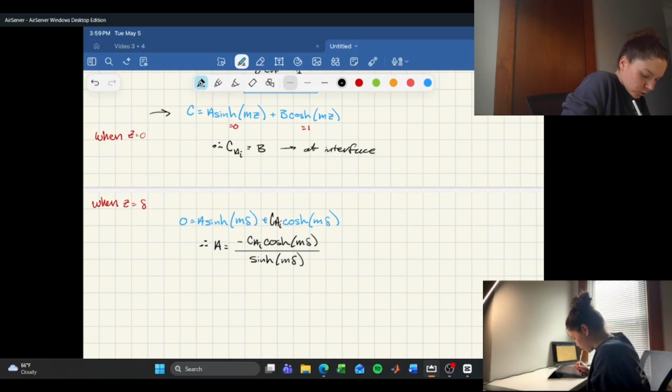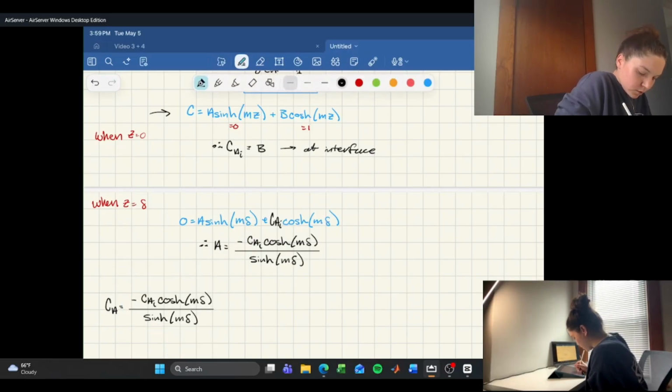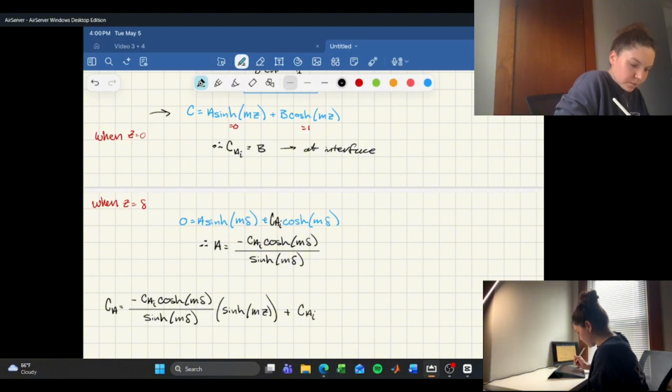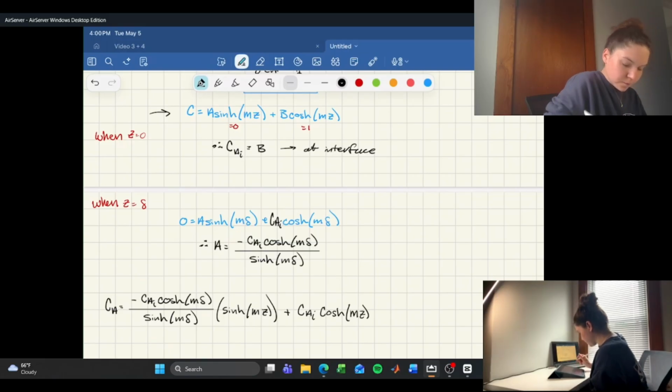So we have that the concentration of A is going to be equal to A, which we just found, times the hyperbolic sine of mz plus B, we said was concentration of A at the interface, times the hyperbolic cosine of mz.